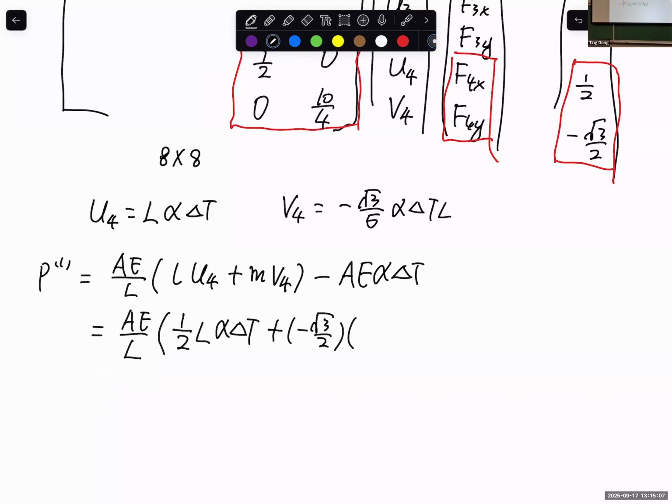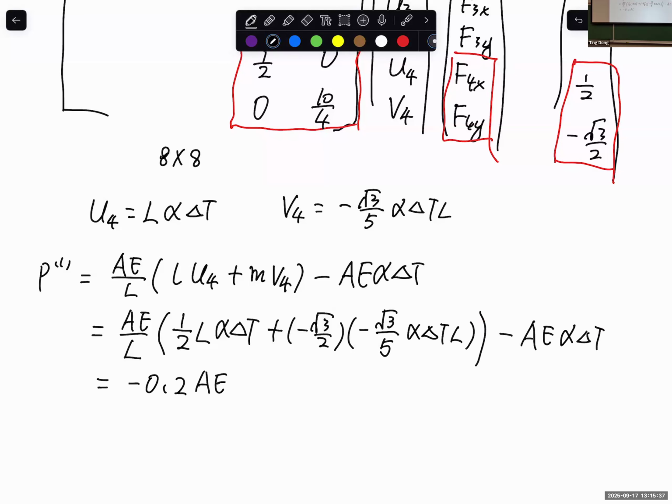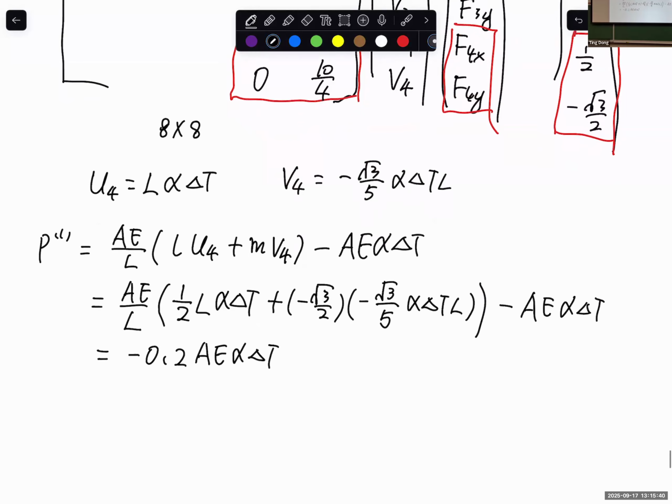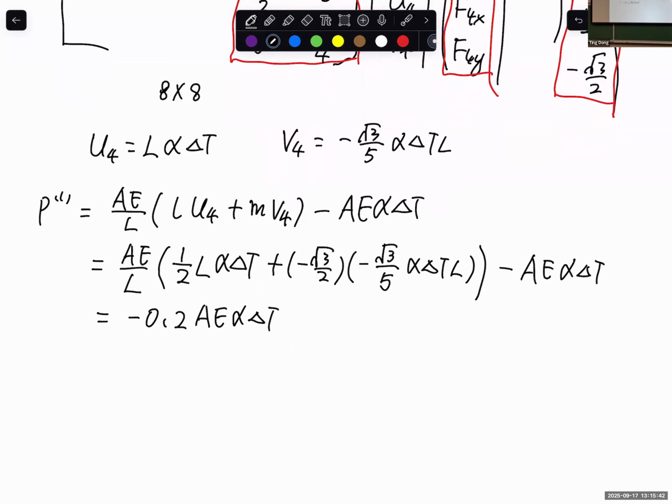And our V4 equal to, let's write this one clearly, 5 alpha delta T L. And our temperature term, AE alpha delta T. And the final answer is negative 0.2 AE alpha delta T. So this is for element 1.